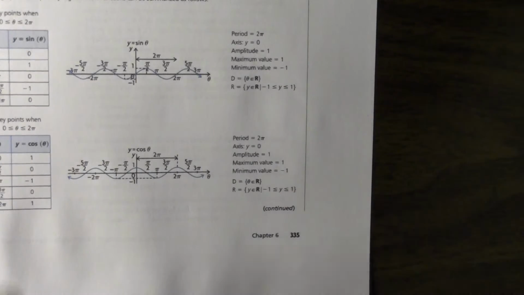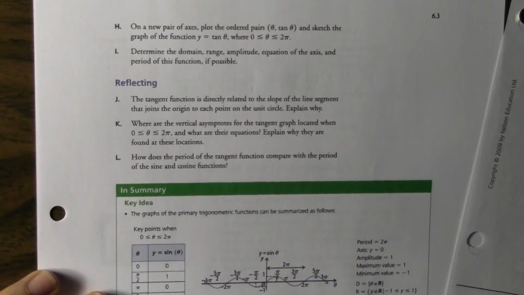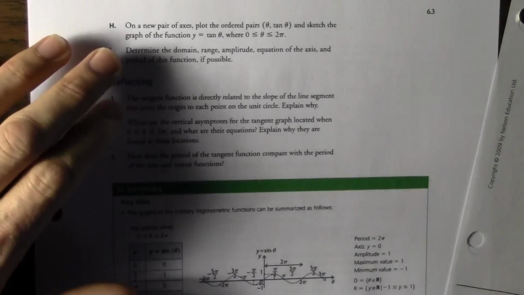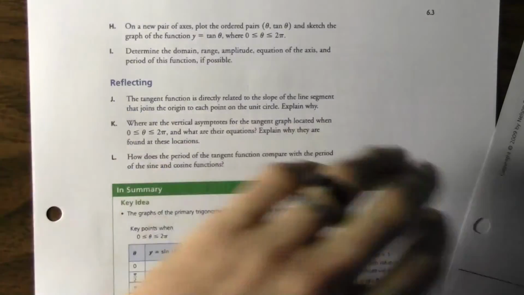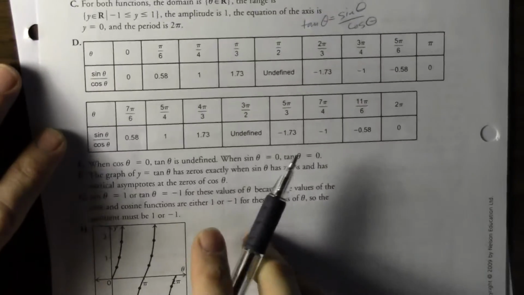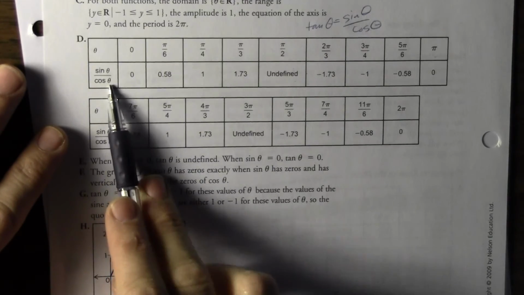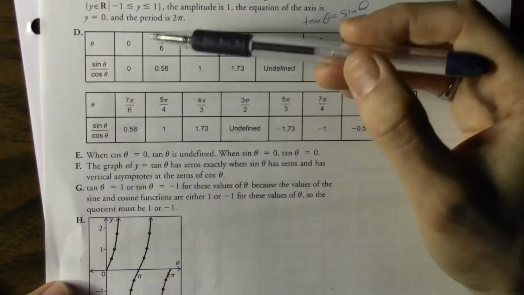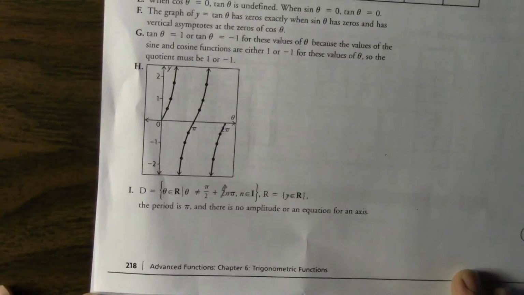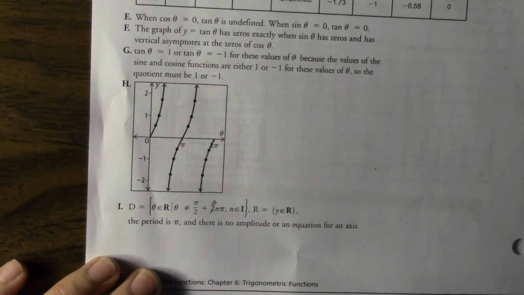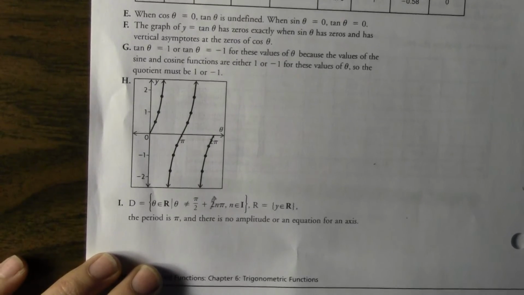On a new pair of axes, plot the ordered pairs theta, tan theta, and sketch the graph of the function. So now, all we're doing is taking these table of values that we figured out in D, theta and tan theta, and we're just plotting them. So again, x and y values, and we get this graph. So this is our tan theta graph.